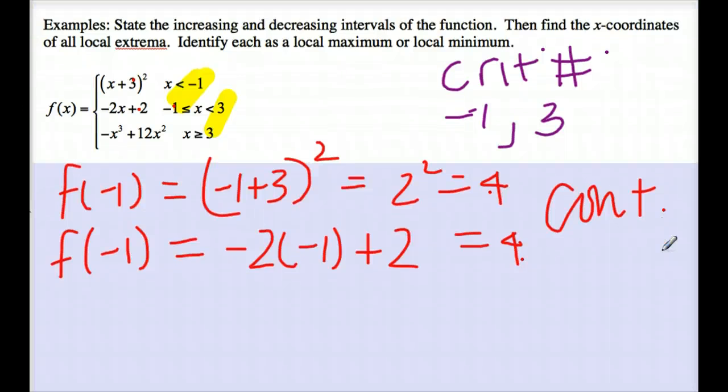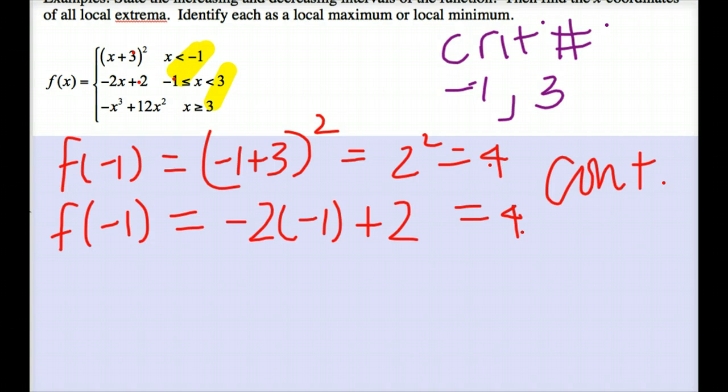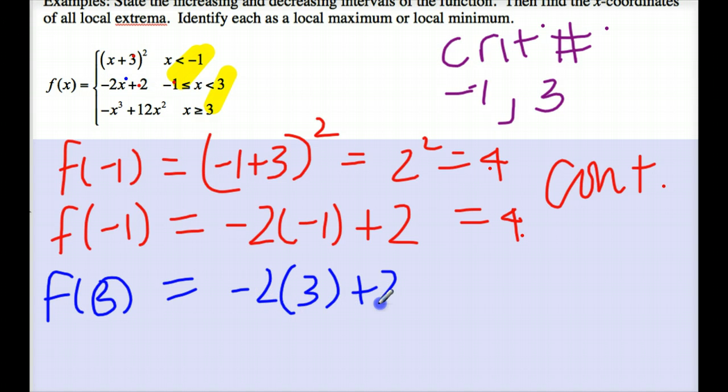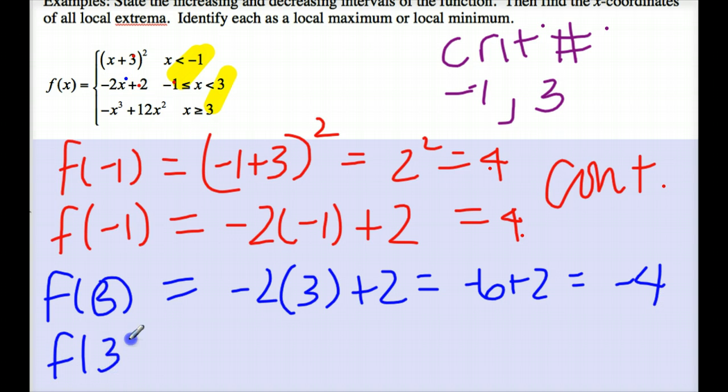Now I need to make sure my second breakpoint is continuous, so that will help me find out if a derivative exists. So f of 3 is equal to, using that first equation, -2 times 3 plus 2, which is -6 plus 2, which is equal to -4. Then I'm going to plug into the next equation, which is -3 to the third plus 12 times 3 squared.